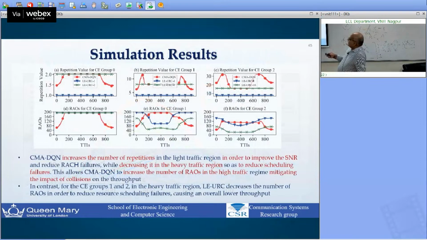But this one succeeded because it reduced the repetition factor but increased the random access opportunity. Dynamically changing: this reduces here, this one increases here, this one is fixed and reduces here. It increases the number of random access opportunities because collisions occur, but reduces the repetition value, because that combination gives the maximum reward.